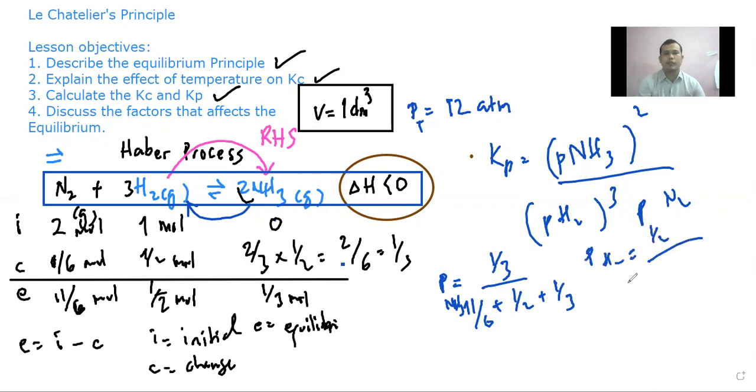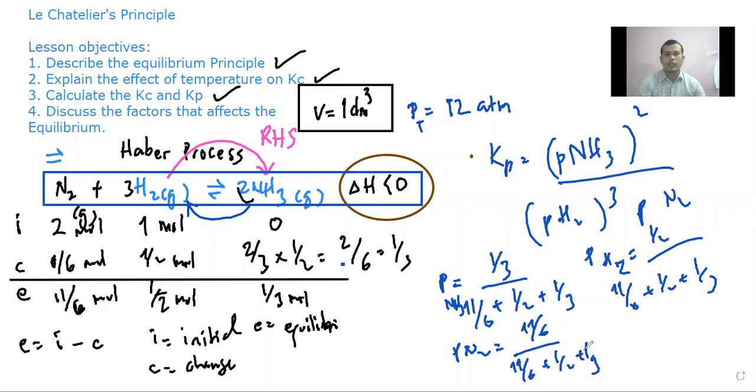Basically, it's half divided by 11 over 6 plus 1 over 2 plus 1 over 3. What about the partial pressure of nitrogen? It's 11 over 6 divided by 11 over 6 plus 1 over 2 plus 1 over 3. And all of these will be multiplied by 12. So all the numbers will be inputted in this one, then you can get Kp.